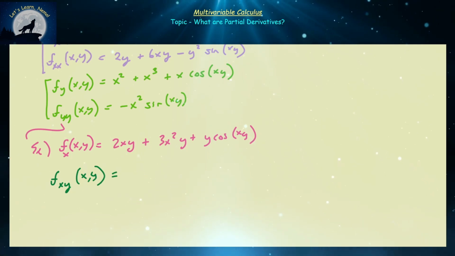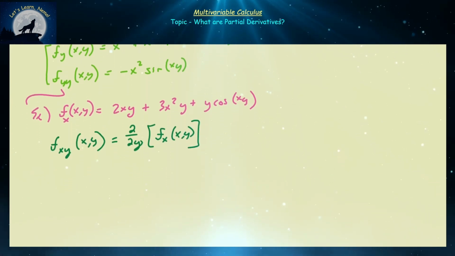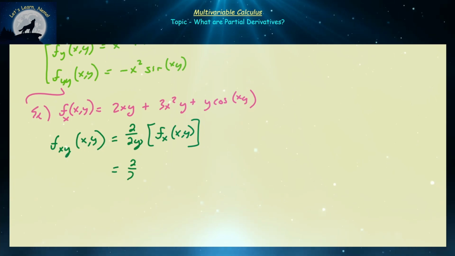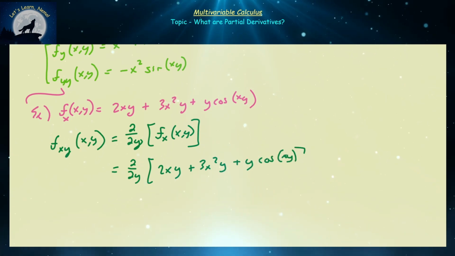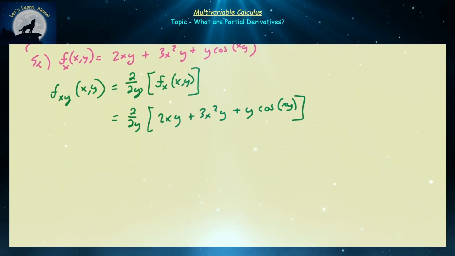By definition, this is going to be equal to the partial derivative with respect to y of f_x(x,y). So what would that be? That's going to be equal to the partial with respect to y of 2xy + 3x²y + y cos(xy). And we differentiate with respect to y partially. That means x is a constant.